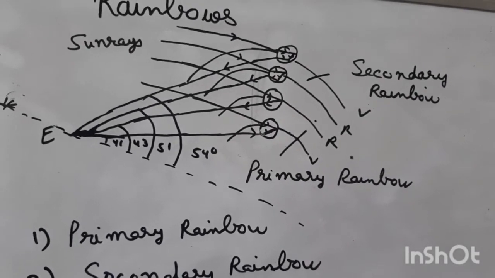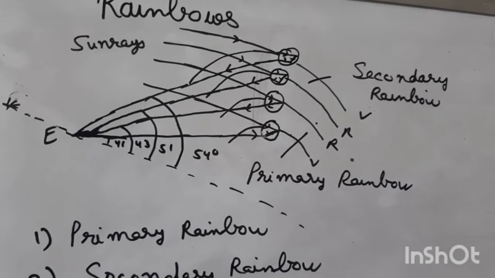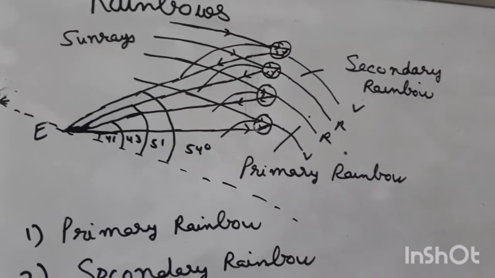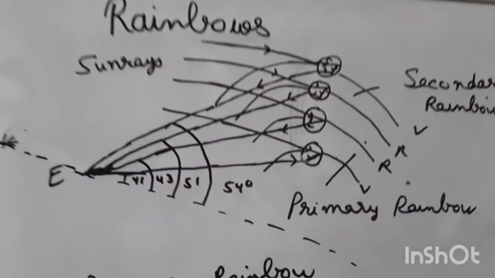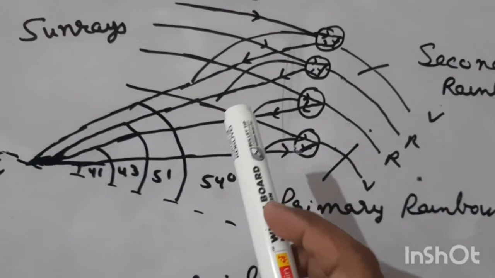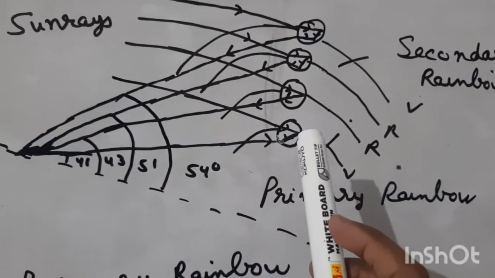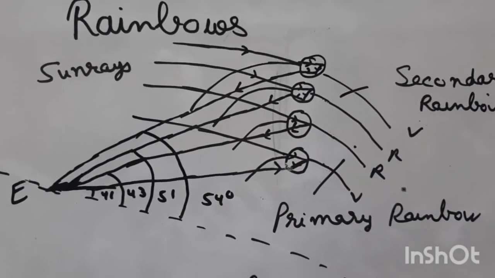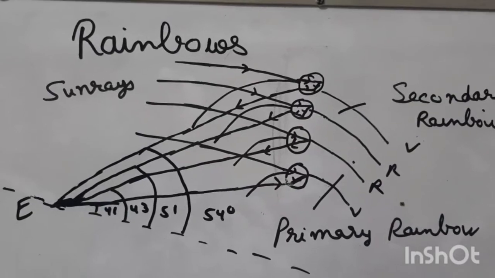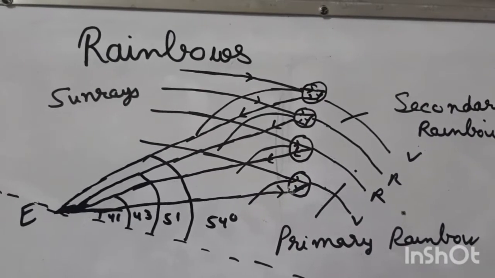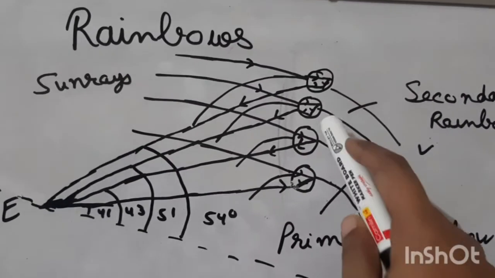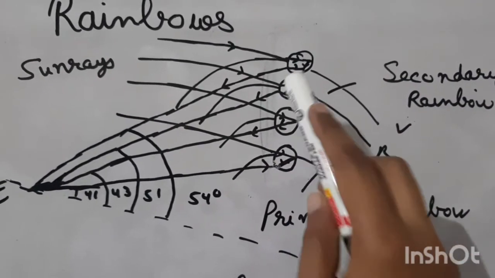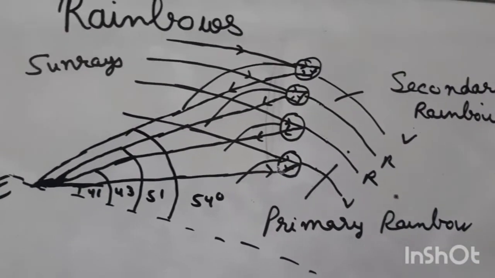If they suffer only one internal reflection inside the raindrop, then the primary rainbow is formed. As you can see, here the light is entering and it only suffers one internal reflection. While when it suffers two internal reflections, one here and one here, then the secondary rainbow is formed.